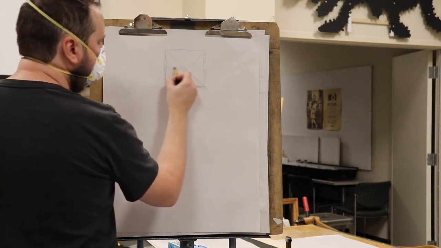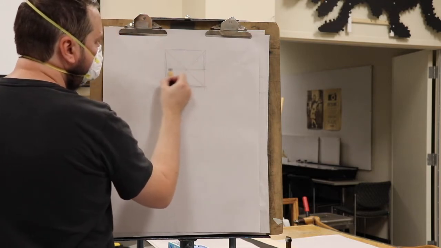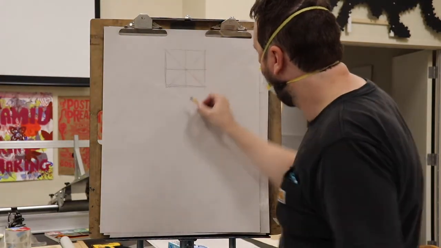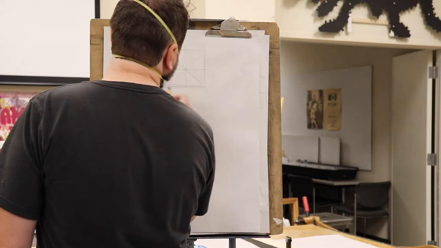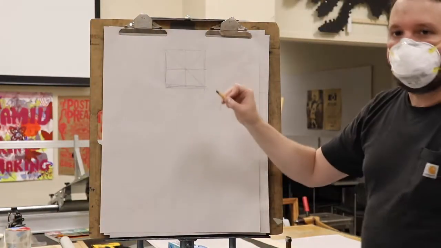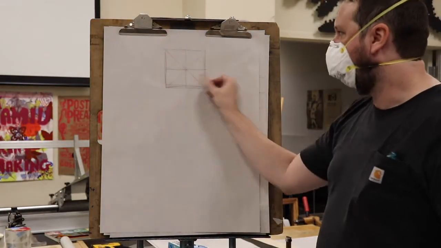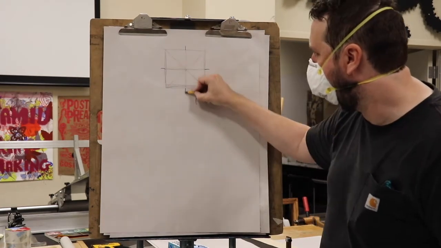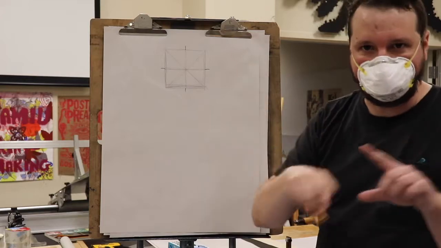Then draw a line where it intersects in the middle, and quarter the square. A perfect circle in the square is going to hit the square here, here, here, and here, along these axis points.